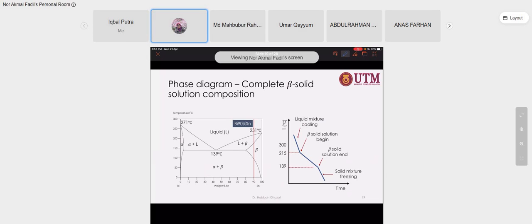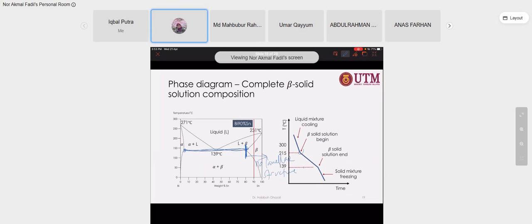For this kind of tin-rich alloy, there is no lamellar structure, because it is beyond this limit. Why? It is not falling onto the horizontal line, which is the eutectic temperature.